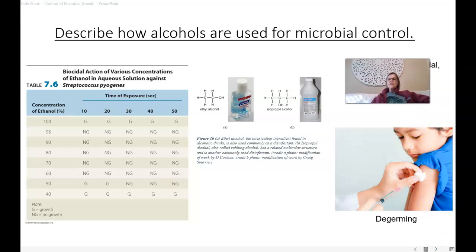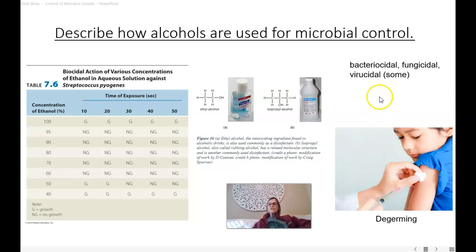Right here, it's telling you that alcohol can be bactericidal, fungicidal, and even kills some viruses, being virucidal. It just depends on what concentration and how long.